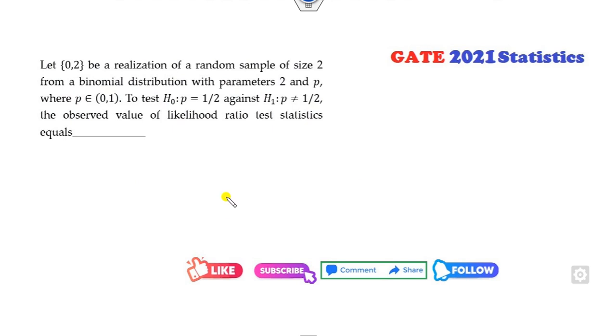Okay, look at this another one. Again, the likelihood ratio test of this P. It is a binomial distribution, 2 comma P. Very simple. We all know NP is the mean. So what is my P? Summation over n.